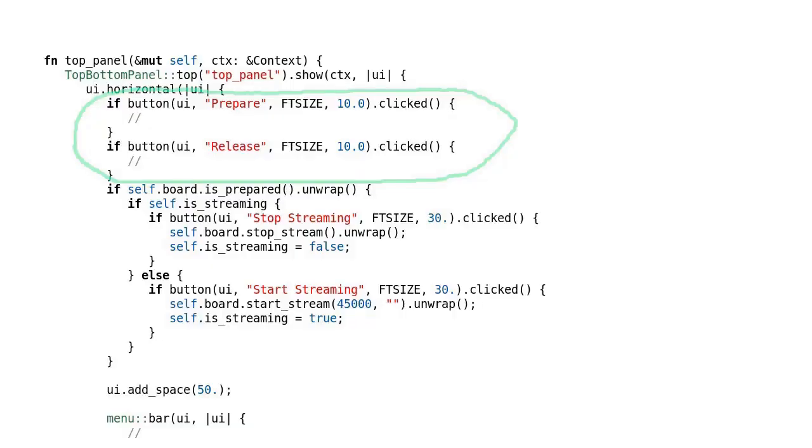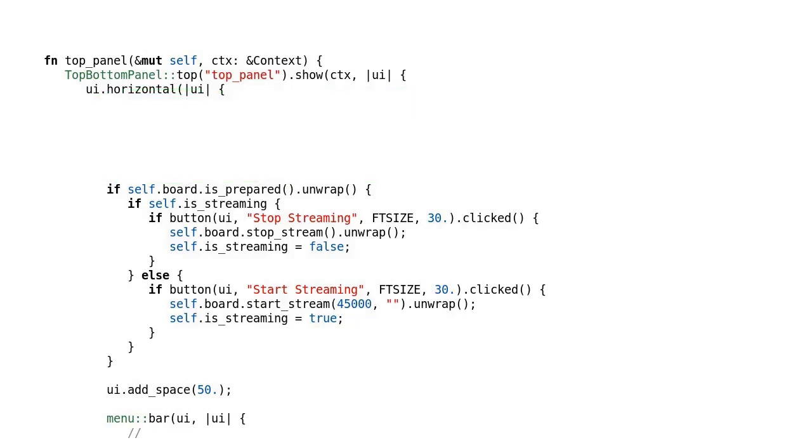Similarly, we can create a button that switches between Prepare Session and Release Session using the same logic. Let's pause the video to review the code and then run the program.